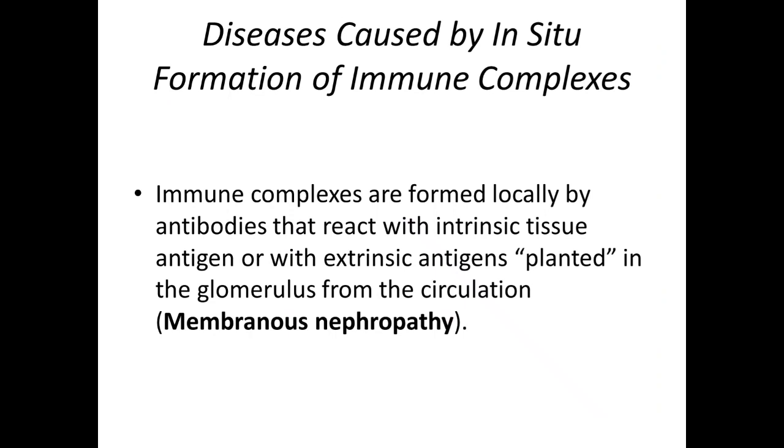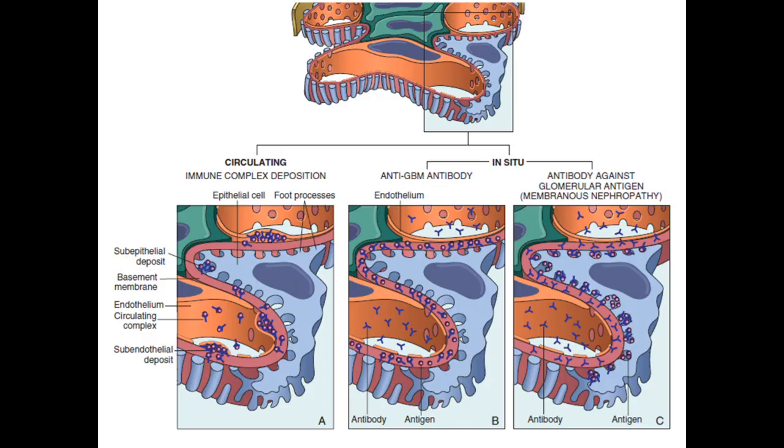Diseases caused by in situ formation of immune complexes are formed locally by antibodies that react with intrinsic tissue antigens or with extrinsic antigens in the glomerulus from the circulation, for example in membranous nephropathy. How does it look, guys?